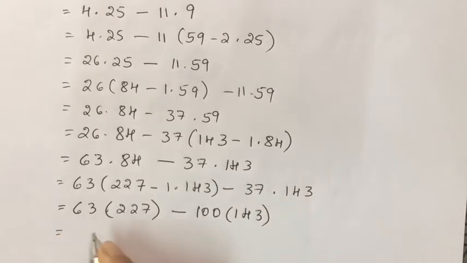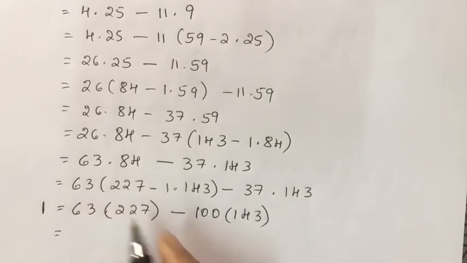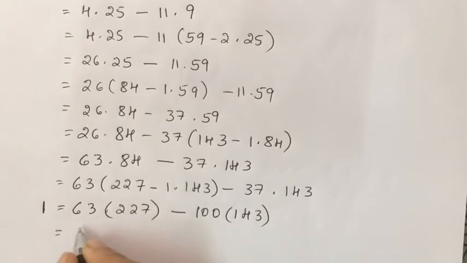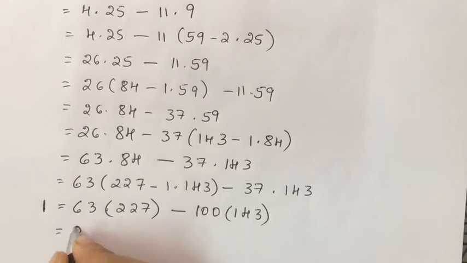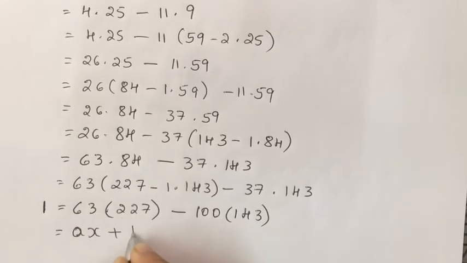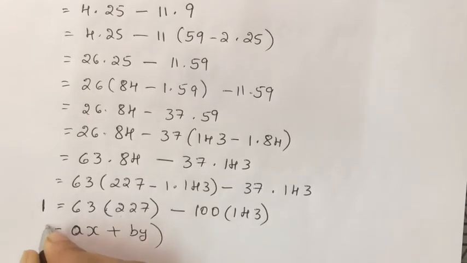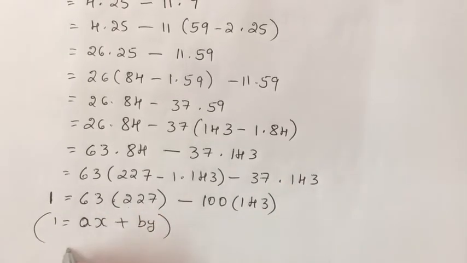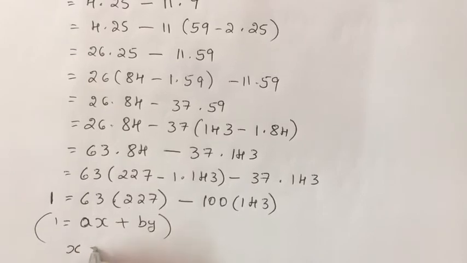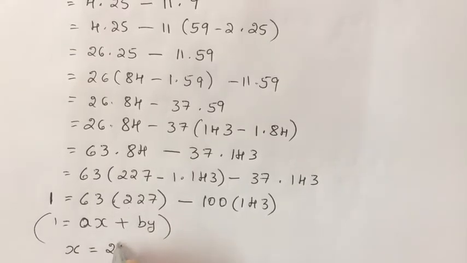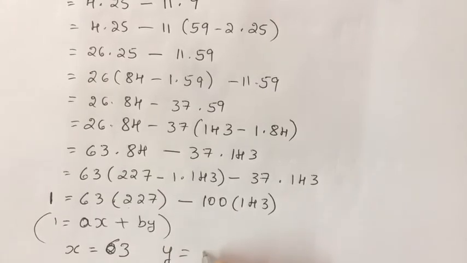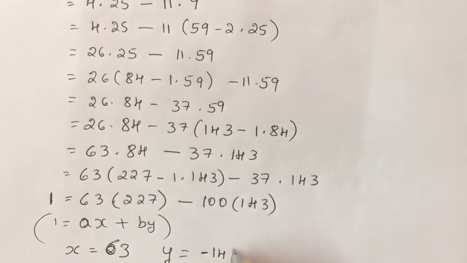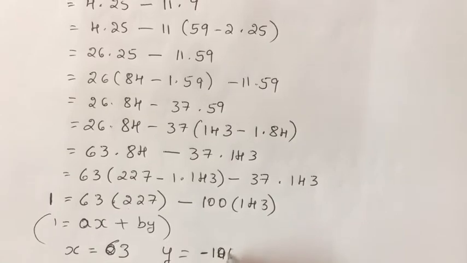This is the same as writing 1 equal to ax plus by, in this form. So I'm getting x as 63 and y as minus 100.